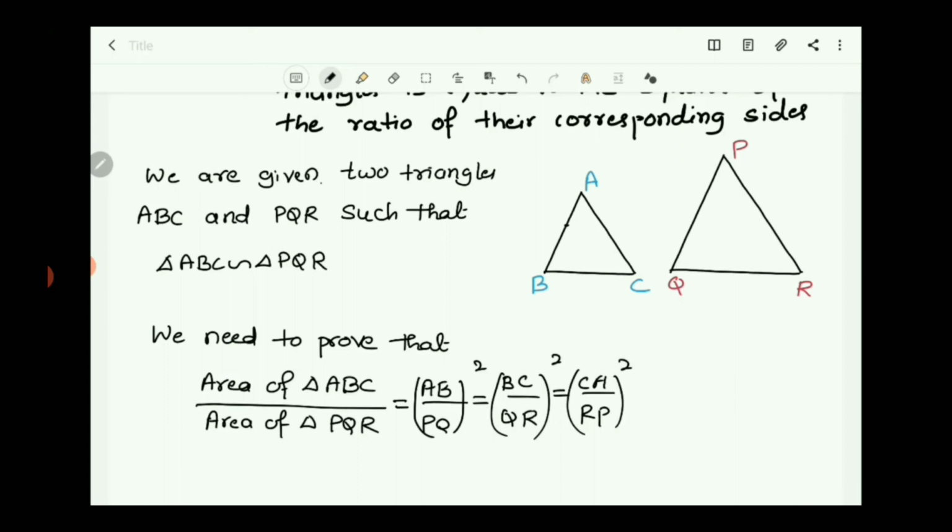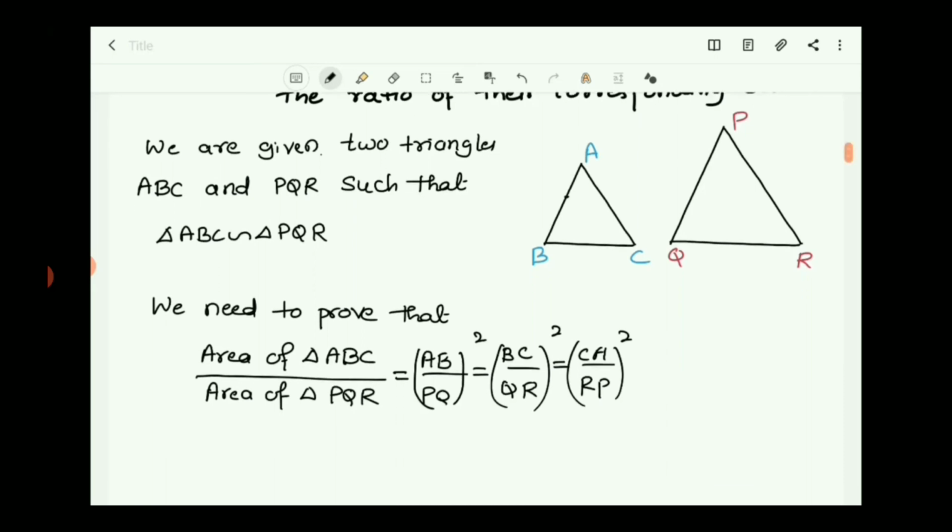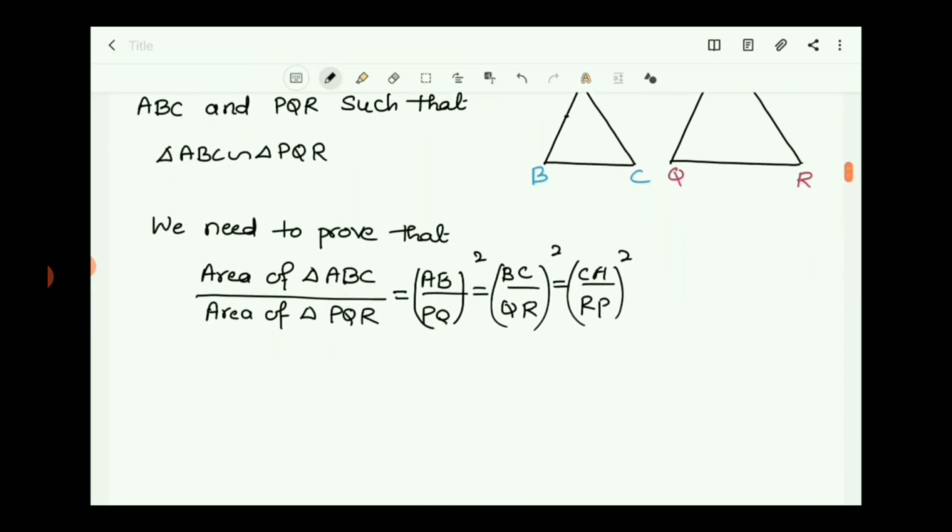You can also write it this way: area of triangle ABC by area of triangle PQR is equal to AB by PQ whole square, is equal to BC by QR whole square, is equal to CA by RP whole square, or AB square by PQ square is equal to BC square by QR square is equal to CA square by RP square. And to prove this, you must take the formula for the area of the triangle. You know the formula to find the area of a triangle? It is half into B into H.